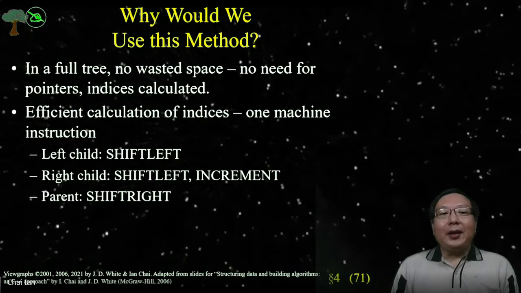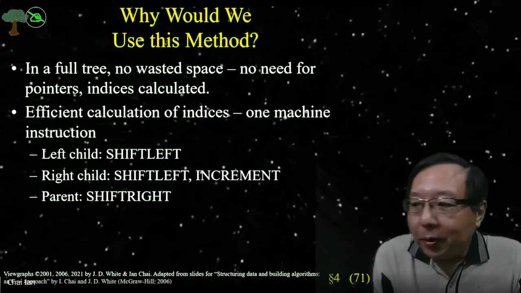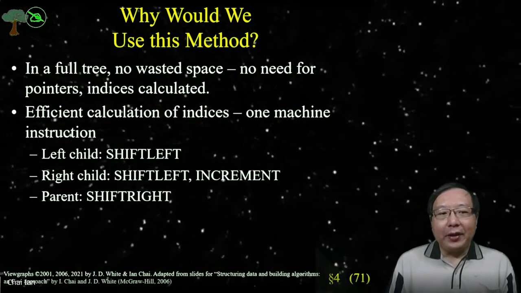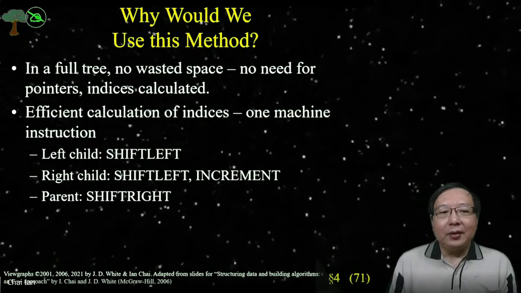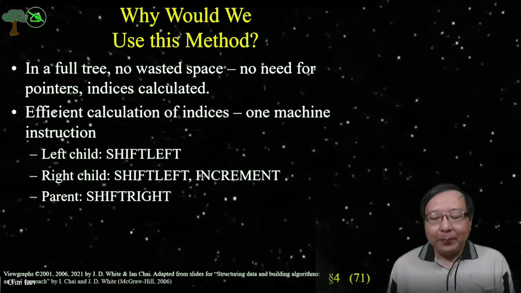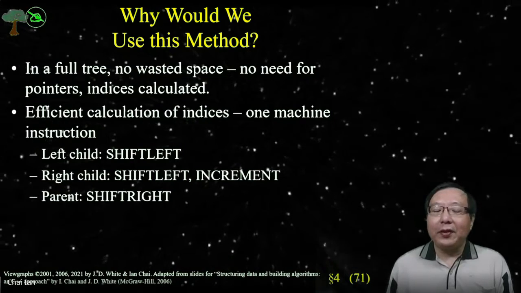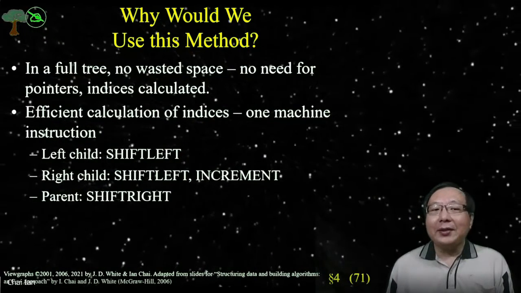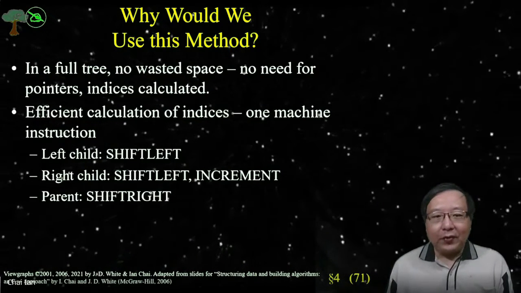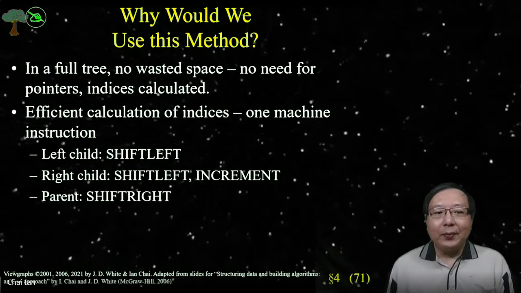And when you compile it, multiplying and dividing by 2 actually optimizes to machine instructions, shift left and shift right, which are very fast, efficient machine instructions. And increment is also a very fast machine instruction. So these machine instructions are very fast in the processor.